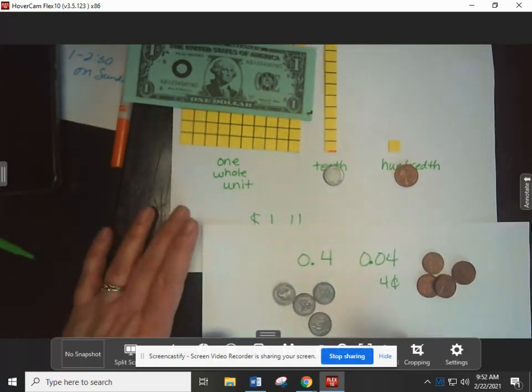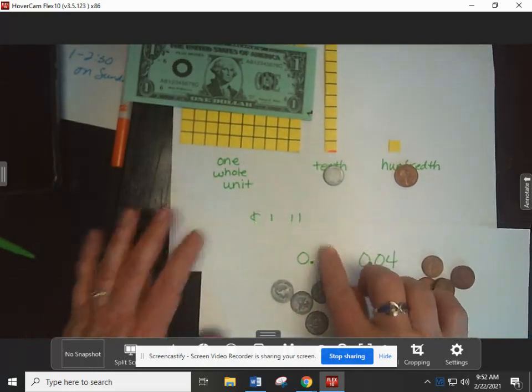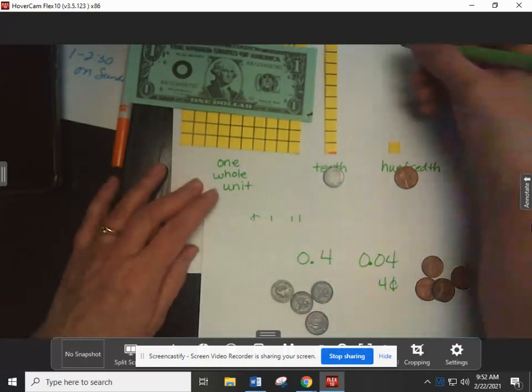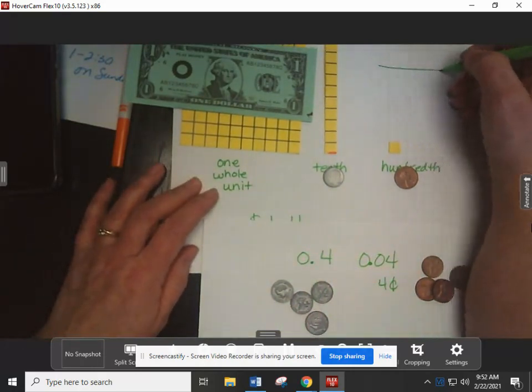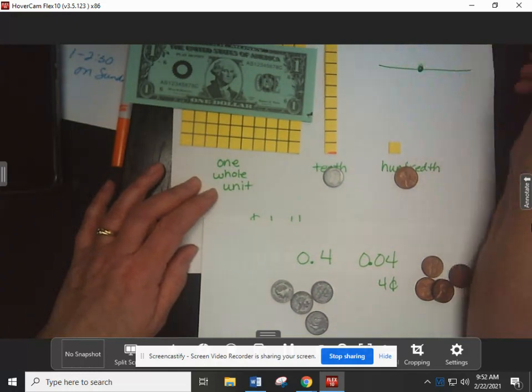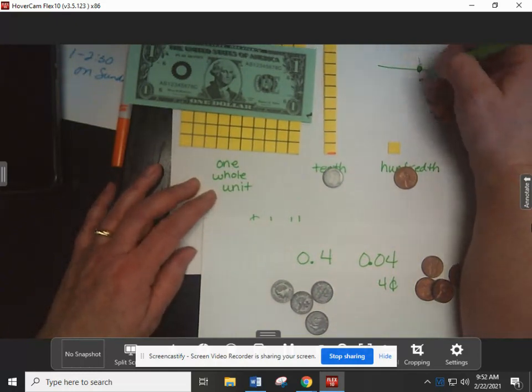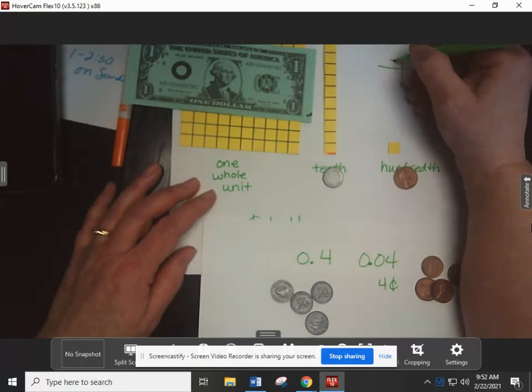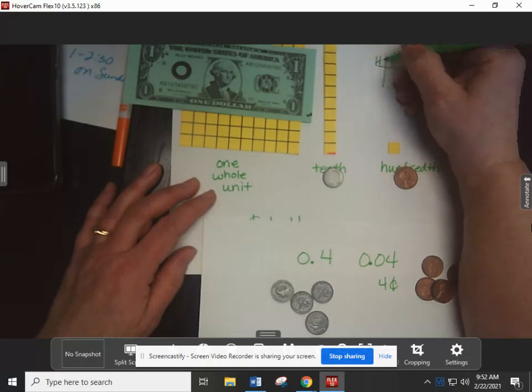Because a tenth is this column. How many of you remember place value, the place value pictures I would draw? Now our place value picture has a decimal in it. This is our ones, our tens, our hundredths.